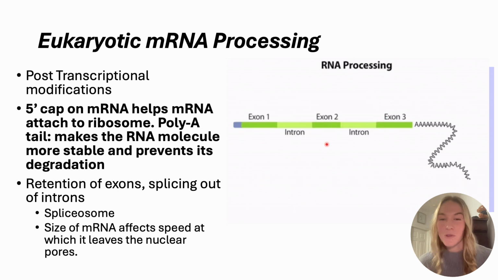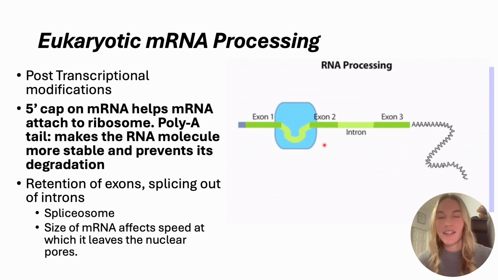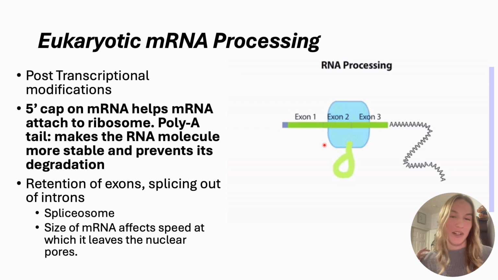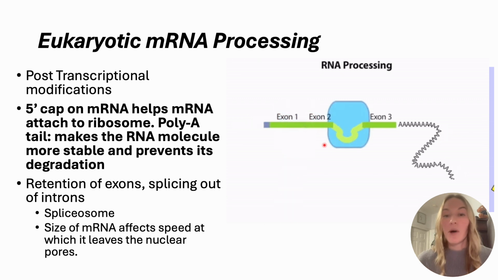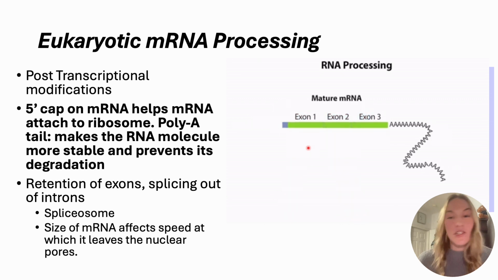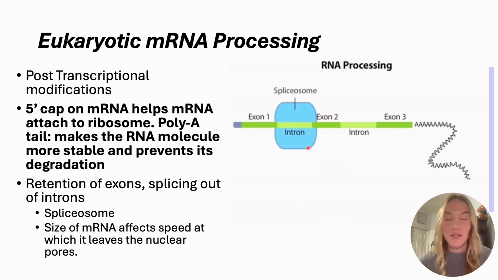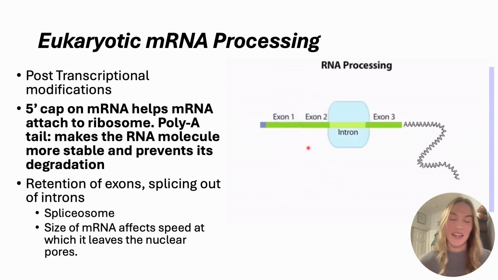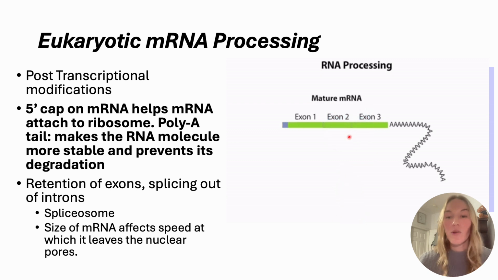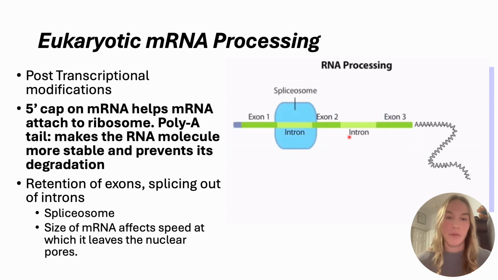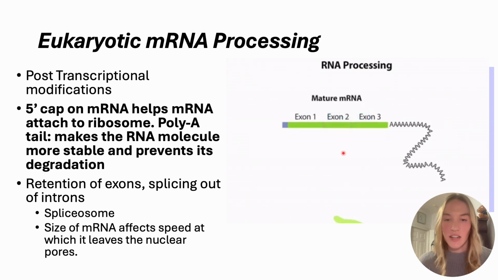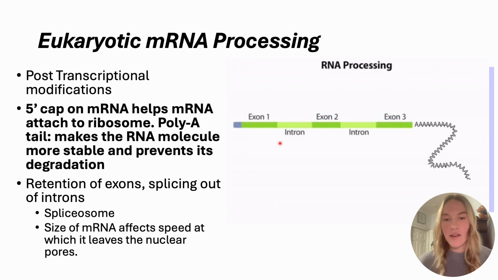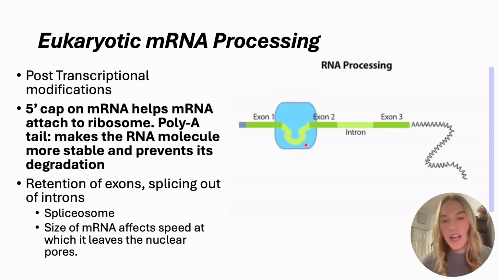There's probably some use for them considering they're conserved, meaning that they are found in lots and lots of different organisms, and there are some sequences that are conserved, which indicates that perhaps there is some evolutionary advantage. But we don't know what they do. And we do know that they don't make it into the final mRNA, which means that they are not ever going to be translated. So those are the introns, and they are going to be spliced out by a protein complex called the spliceosome. So the spliceosome chops out these introns and it glues together exons. So the exons are what make it into the final mRNA molecule.